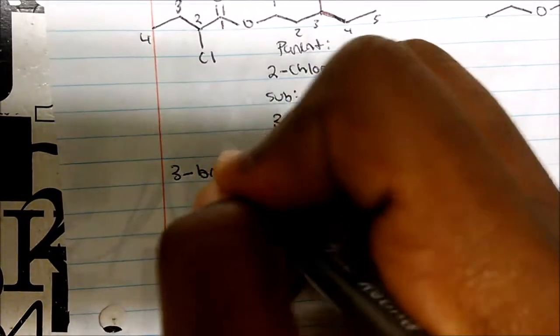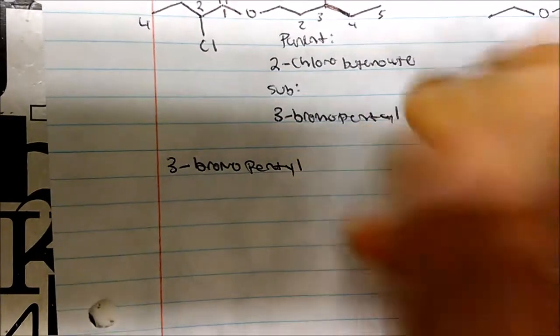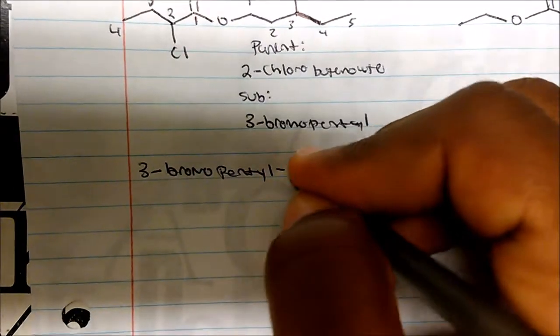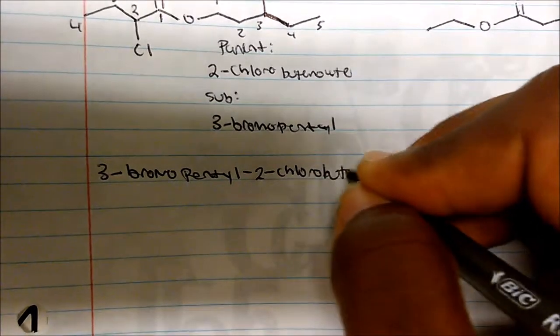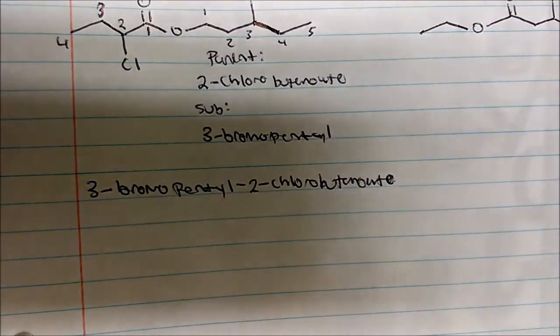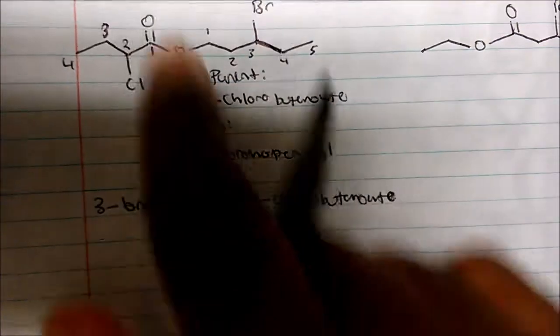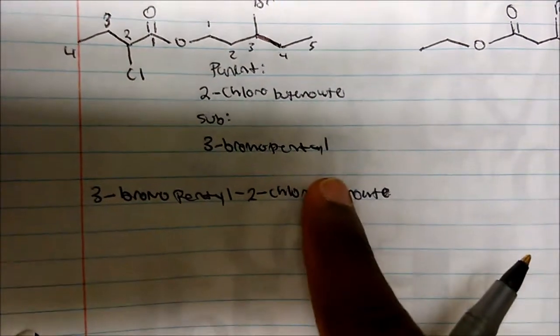So this becomes 3-bromopentyl 2-chlorobutanoate. You can see this is a very long name, but I want you to get the idea. It doesn't matter if there's a substituent listed on the longest continuous carbon chain. That substituent has to be listed last as a part of the parent chain.